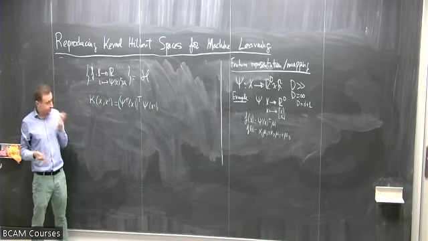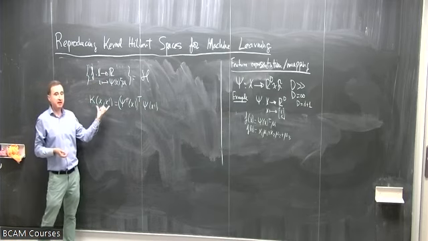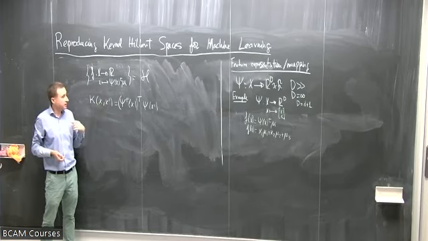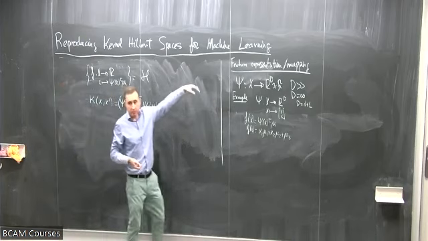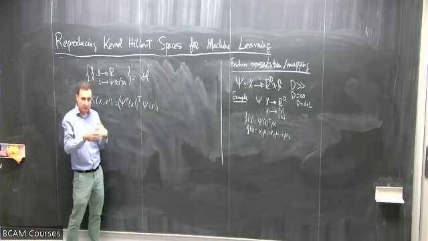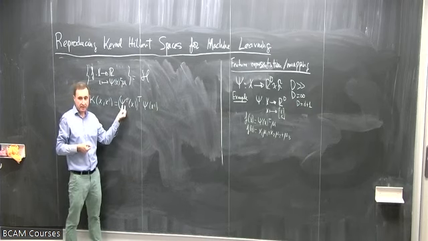That's useful because if I know this function, and I have a way to evaluate it for every pair x and x prime, and my algorithm only uses the inner products in feature space, like distances or angles or whatnot, I don't even need to know what the feature transformation is.